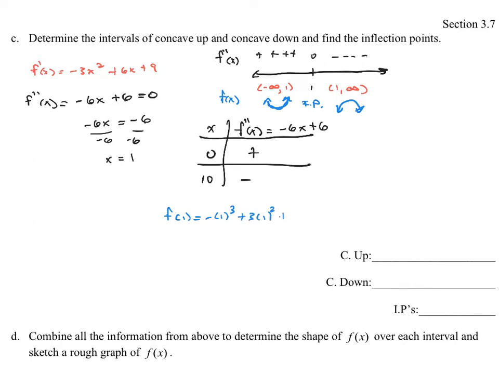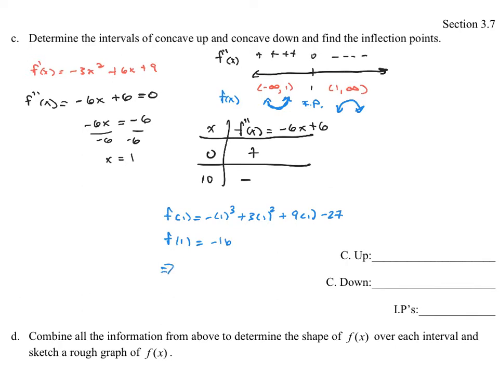Then it was plus 9x, so that'd be plus 9 times 1. And then it was minus 27. So when we find our f of 1, go ahead and plug that into your calculator if you need. I'm getting a value of -16.